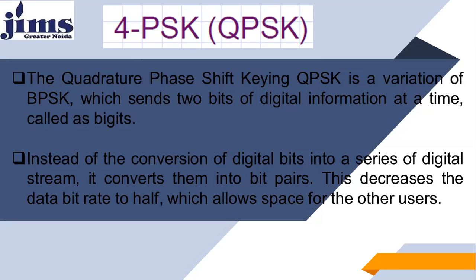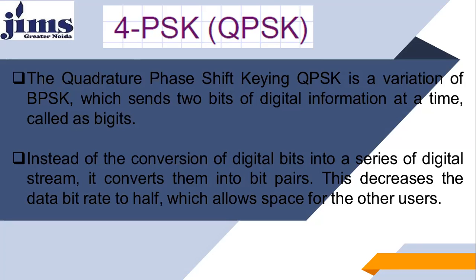So if you compare with PSK, QPSK requires half of the bandwidth because the number of data bits is reduced to half. So the bandwidth requirement is also reduced to half. So your capacity to send more information increases as compared with PSK, right?